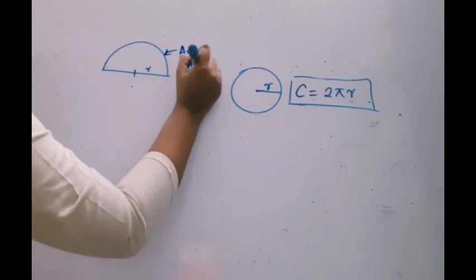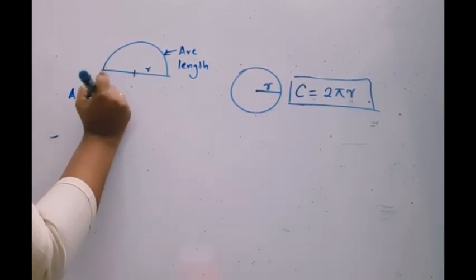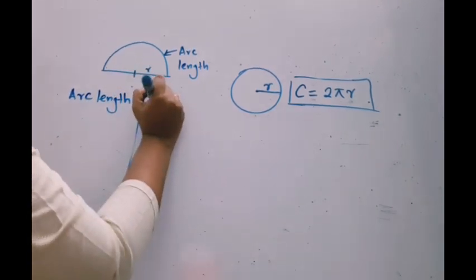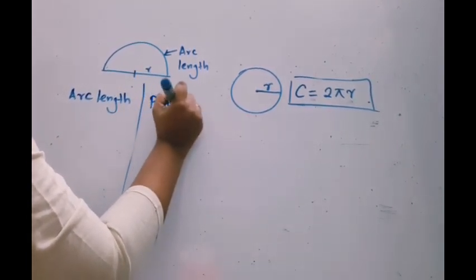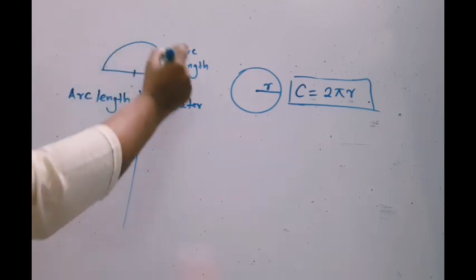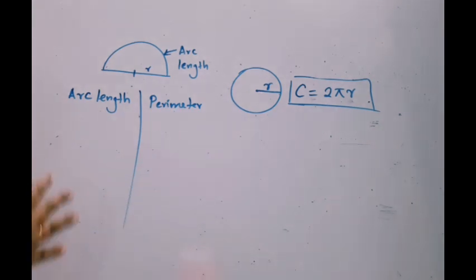These are two different things actually. The arc length and the perimeter are two different terms when you consider this semicircular part, because the arc length gives only the curved length, whereas the perimeter gives you the length around the semicircle.